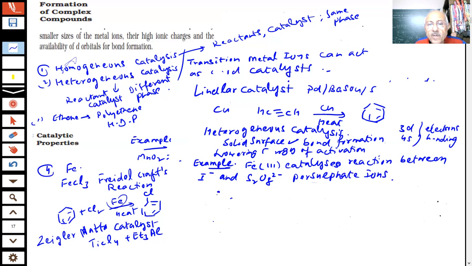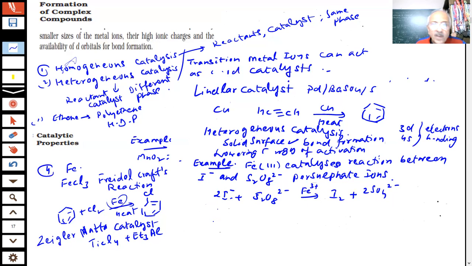This is your 2I minus, student. It reacts with S2O8 2 minus. So what happens? You get I2 plus 2SO4 2 minus. Now this reaction is catalyzed by iron 3 plus.